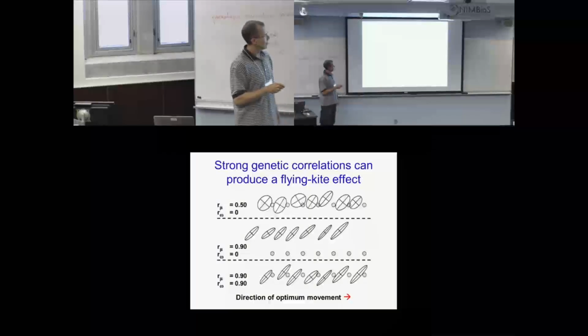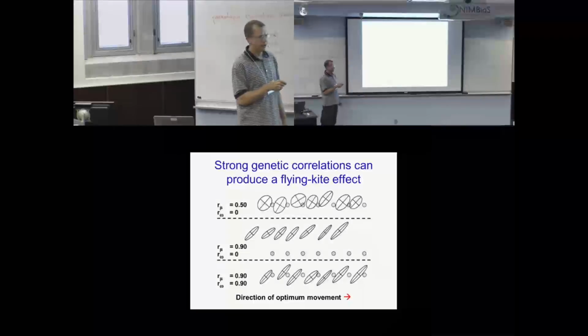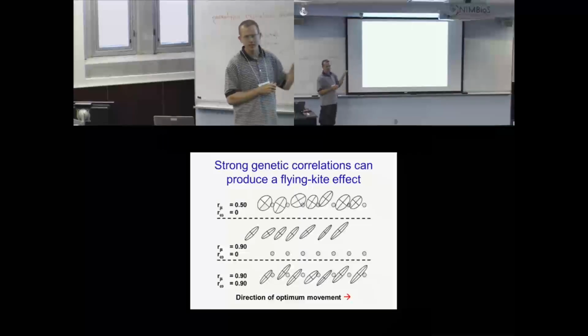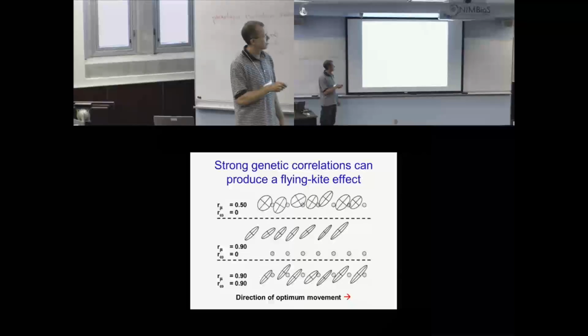But if you have a strong genetic correlation, what you'll find is that actually trait 2 then moves away from its optimum. So even though it started out at its optimum, because of the correlated response to selection, the trait 2 optimum isn't moving, right? It stays in the same place the whole time. But because there's selection on trait 1 now, so here's the optimum for this G matrix, and this is the optimum for that G matrix, and so on.